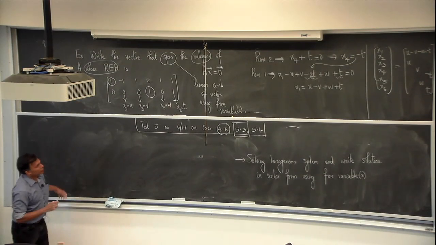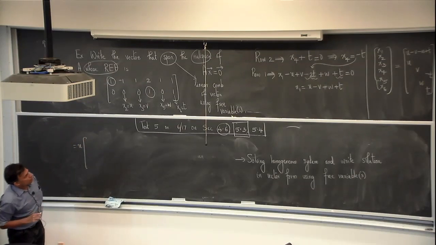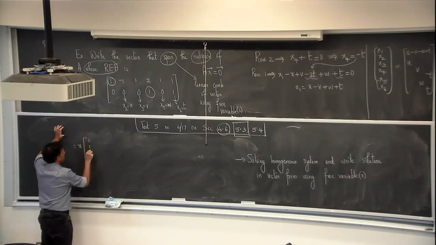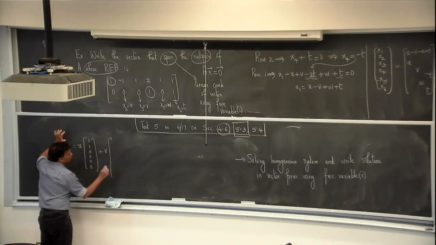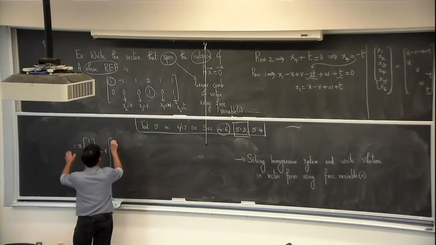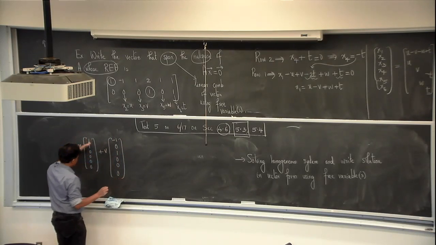That's going to be u times (1, 1, 0, 0, 0, 0), plus v times (-1, 0, 1, 0, 0, 0). There should be 6 and only 6 rows.